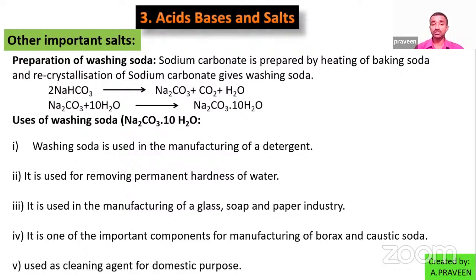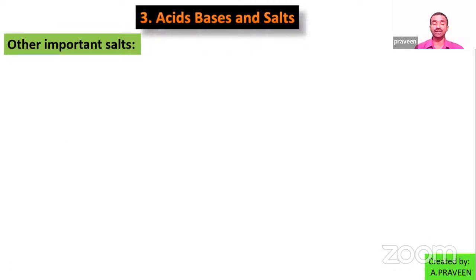Then the next salt is plaster of Paris. The discussion is about plaster of Paris, how we can use it in our day-to-day life, and how to prepare this salt.